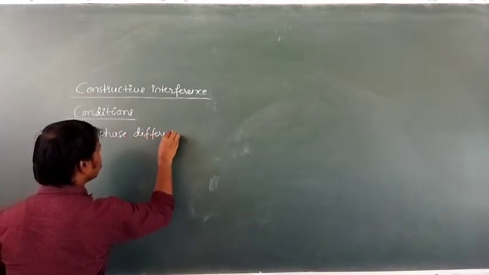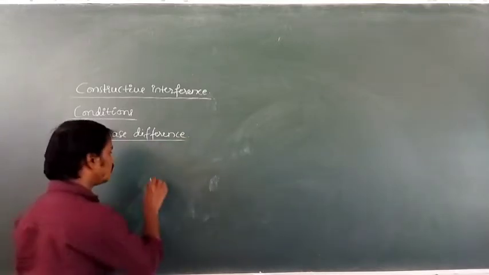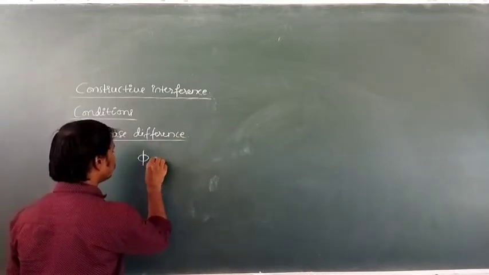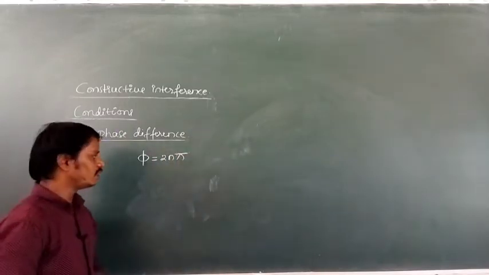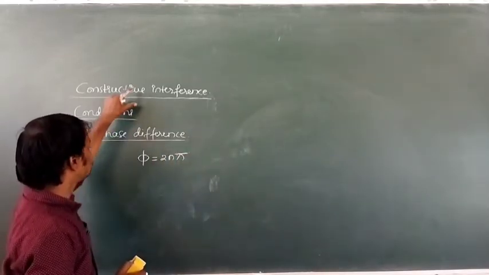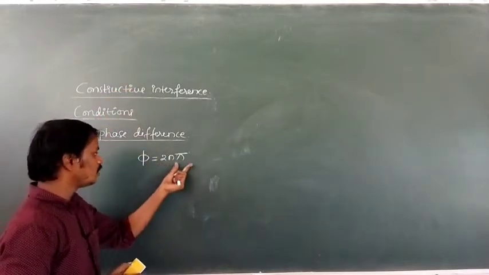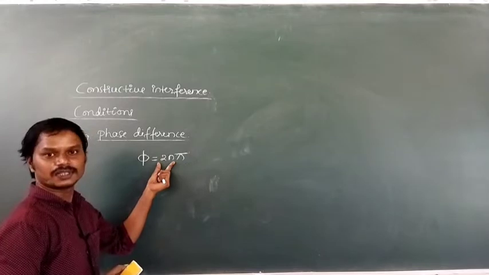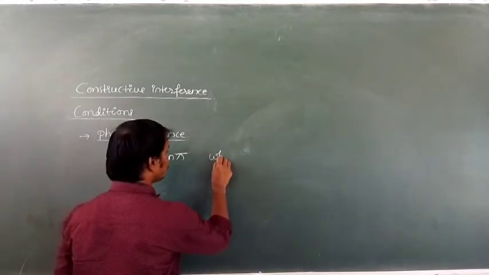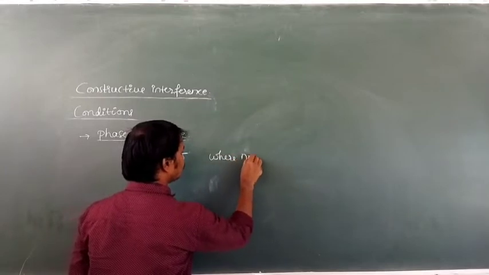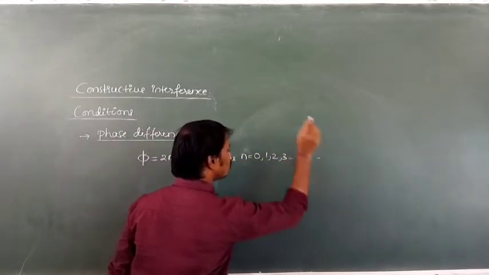The formula for the phase difference is phi equal to 2n pi. Then the phase difference in case of constructive interference is an even multiple of pi. 2n is an even number, and n takes the values 0, 1, 2, 3 and so on.